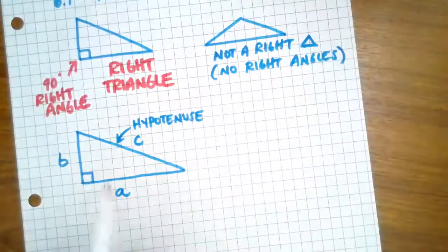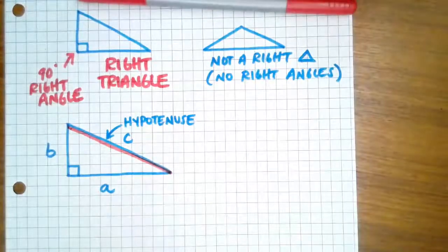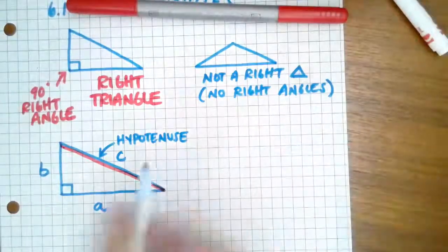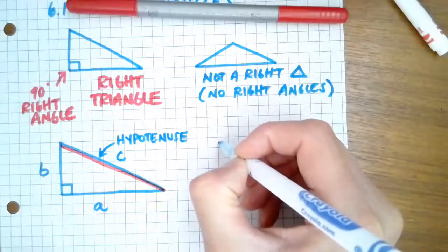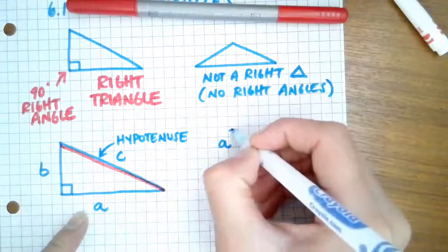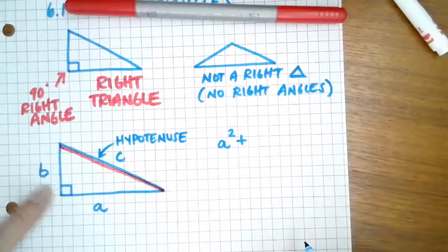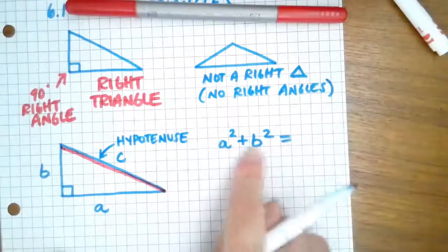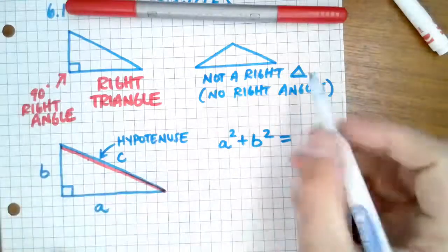It's this long side right here. And what has to be true if this is a right triangle is that the length of side A, that length squared, plus whatever the length of this leg is squared, we add those two together, it's going to be equal to the length of the longest side, the hypotenuse, squared.